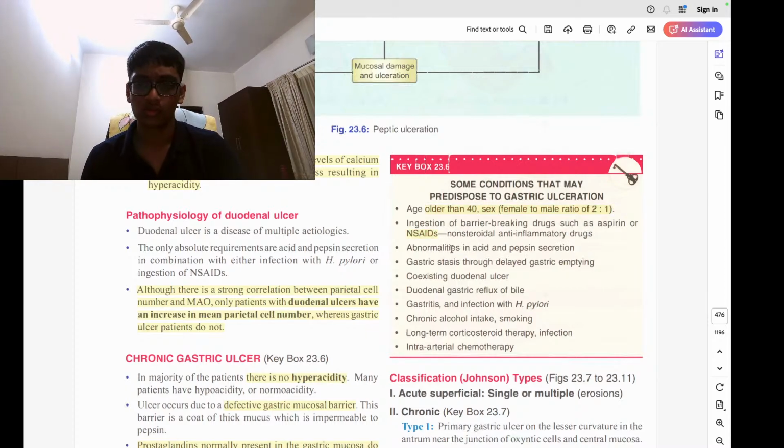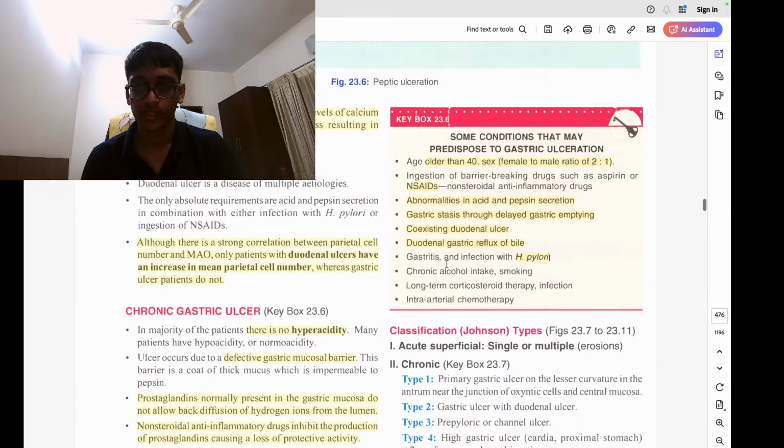NSAIDs, abnormalities of secretion, gastric stasis through delayed emptying, coexisting duodenal ulcer, duodenogastric reflux, H. pylori, smoking, long-term corticosteroid therapy, infusion, and intra-arterial chemotherapy.